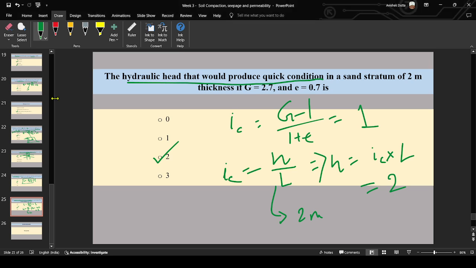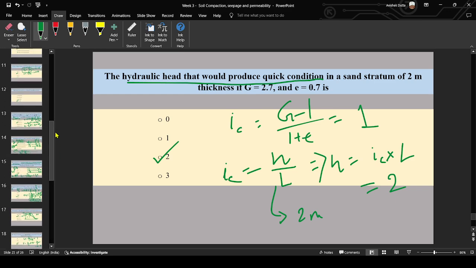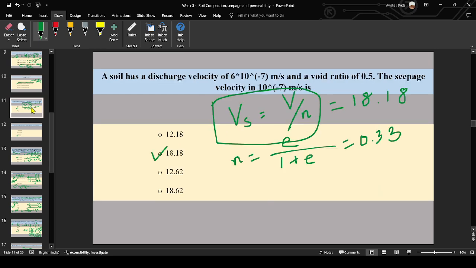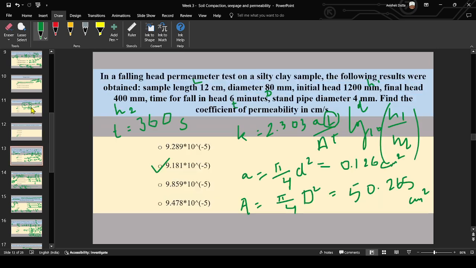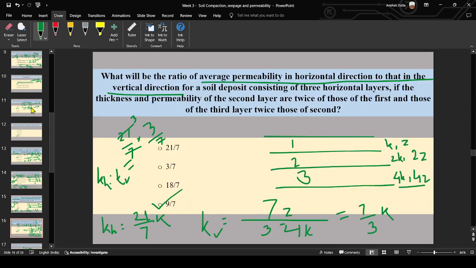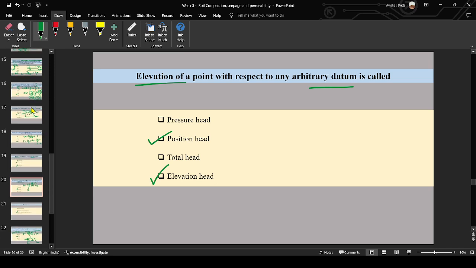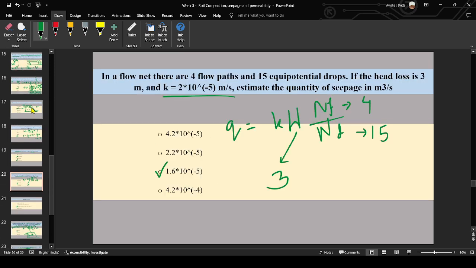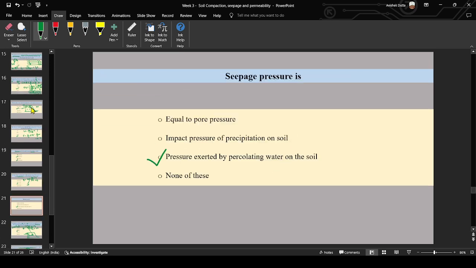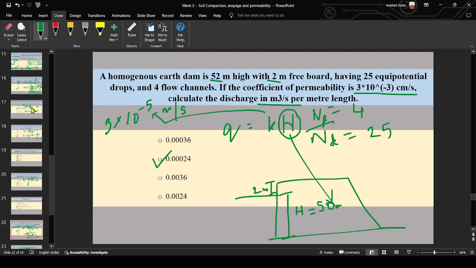Okay, I'll just recap the ones I've shown. After this was the sum Q equals KH NF by ND. Then this was the seepage pressure. This was again the same discharge Q equals KH NF by ND.